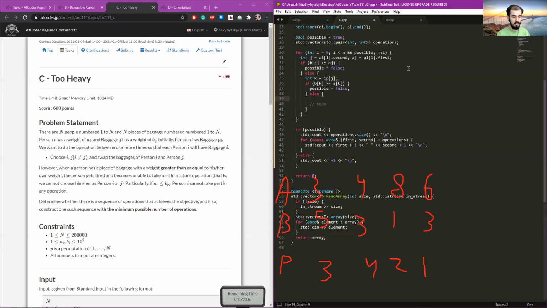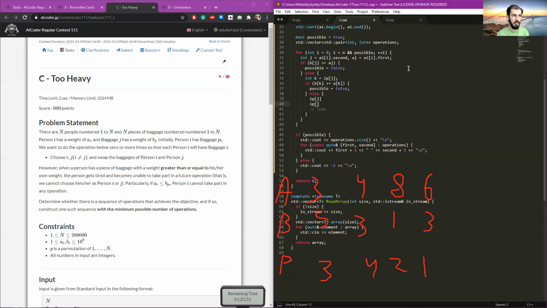So what does it mean to swap two of them? I believe we are interested in updating the inverse permutation of j and the inverse permutation of k.